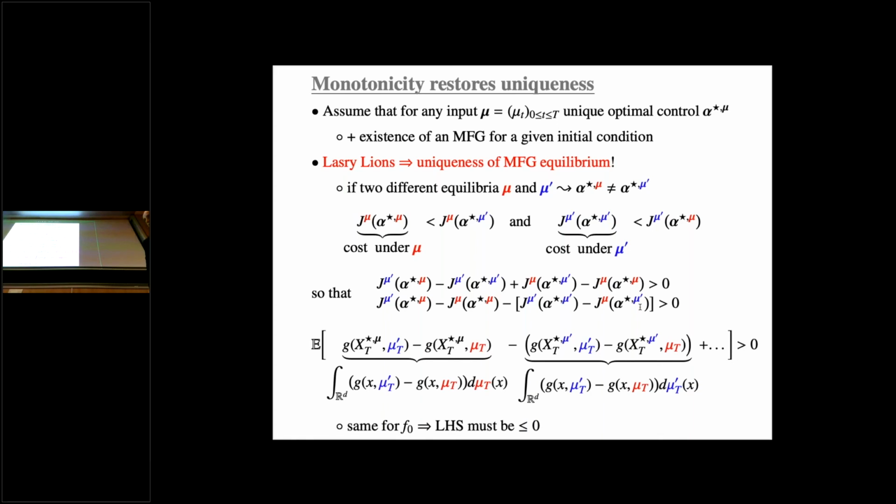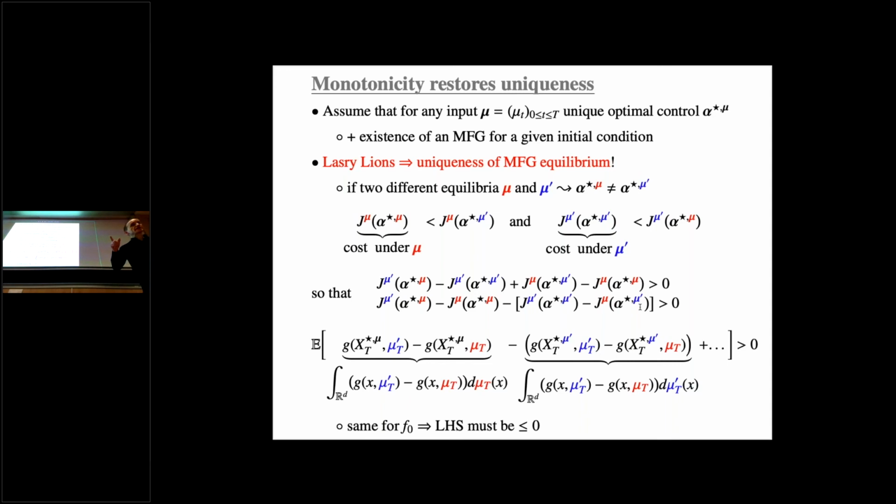For the first one, I'm just explaining for the terminal cost. This is exactly the same for the running cost because they are separated. The cost F is F0 plus F1, which means that F0 only depends on X and mu, and in F1 I don't see the state of the population.